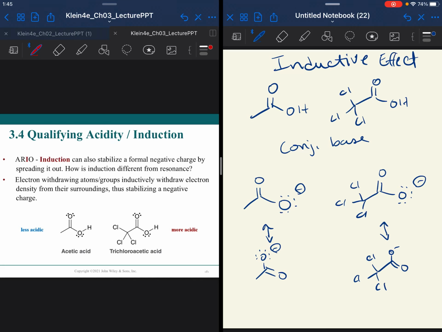The inductive effect has to do with sharing electron density instead of through resonance structures, instead of through pi bonding, it's sharing electrons through the sigma bond. So you're going to go back to thinking about electronegativity. Chlorine versus hydrogen, right, is really the only difference we have in these two structures.